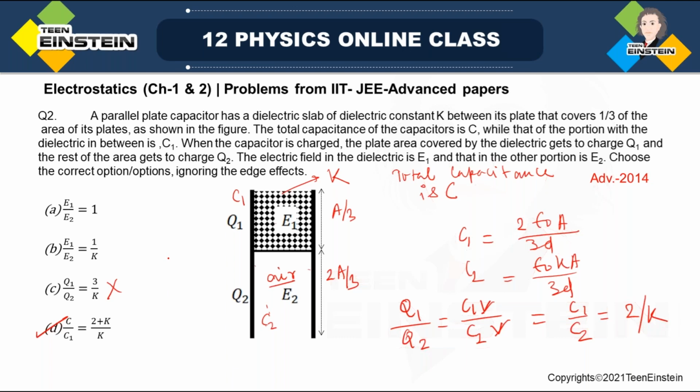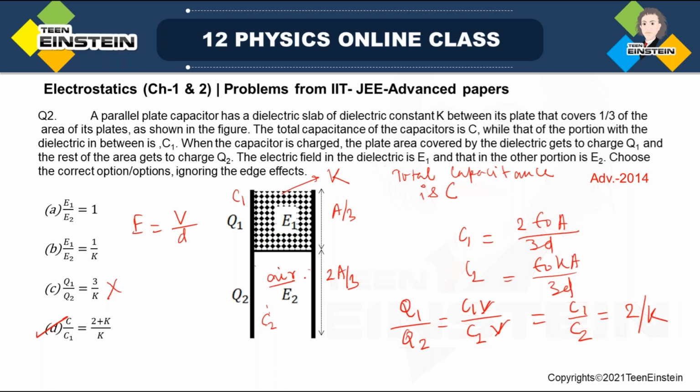Now let us go to the electric field. How do you find the electric field? We know the electric field is given by the potential difference by the distance.